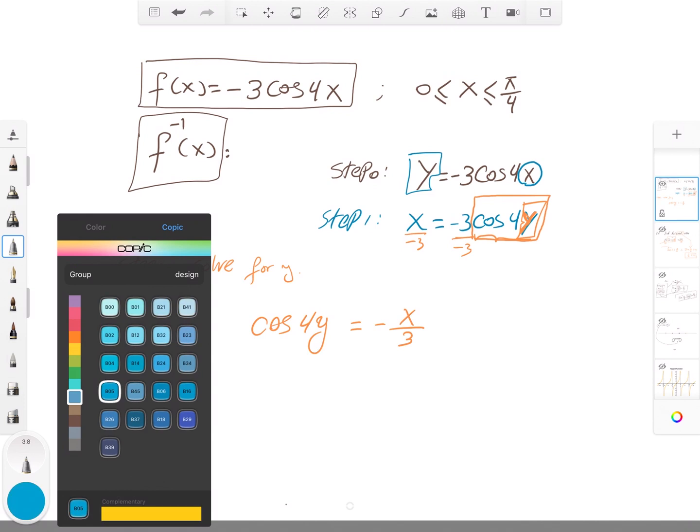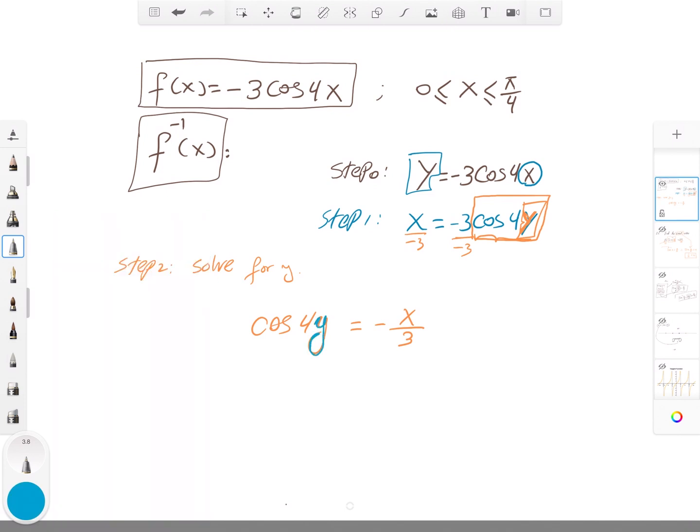In order to have this y by itself, we need to get rid of cosine. And the only way to get rid of cosine is to take the inverse. So y will be equal to cosine inverse of -x/3, and we divide by 4 to solve for y.